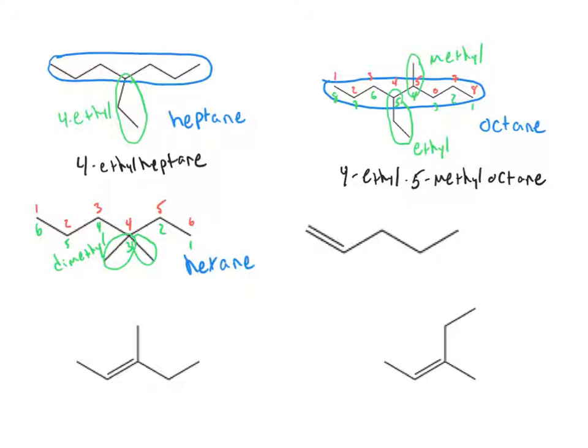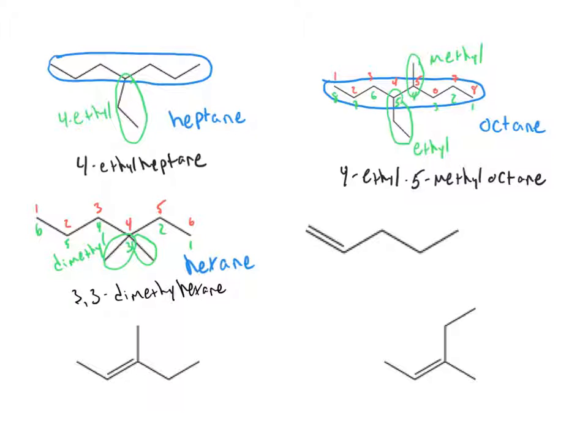And so in this case, we're going to go with the numbering from right to left. And we also need to identify that both of those methyl groups are coming off of that 3rd carbon. And so we will end up with a final name in this case of 3,3-dimethyl hexane.